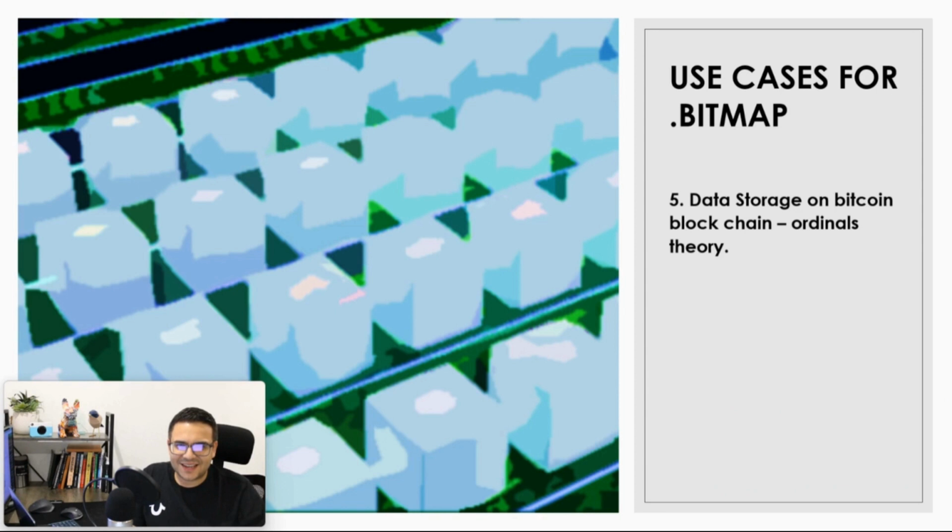Use case is data storage. And really, I guess this sort of continues the ordinal theory type concepts of where you can tag information onto Satoshis, etc. So it made me question and think. And in fact, this was an idea that one of the community members sent across, which really made me think about it.